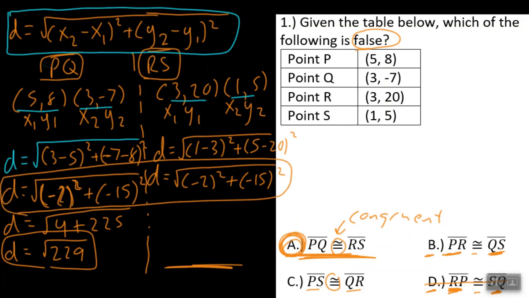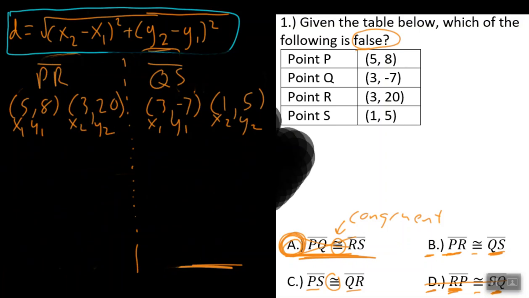So the math will be completely the same. The negative 2 squared is 4, and negative 15 squared is 225, and 4 plus 225 is 229. So these are going to have the same distance, which means that they are in fact congruent, which means it's not the answer because we're looking for the false statement. Okay, so let's go ahead and clear this off and let's go test out letter B.